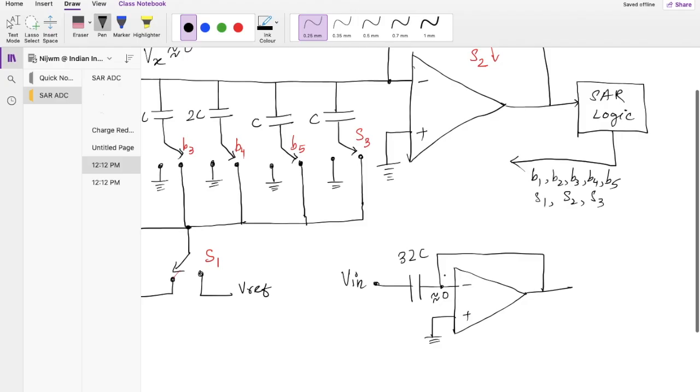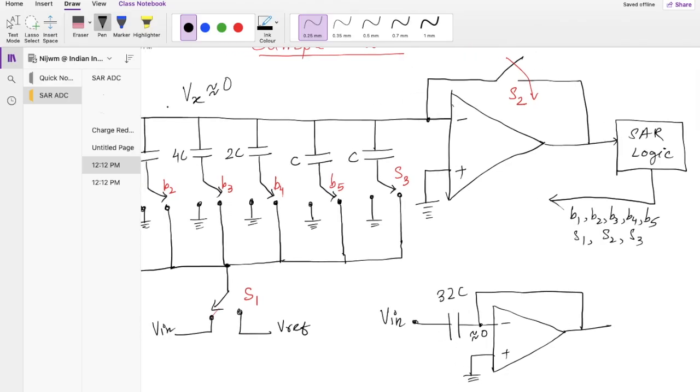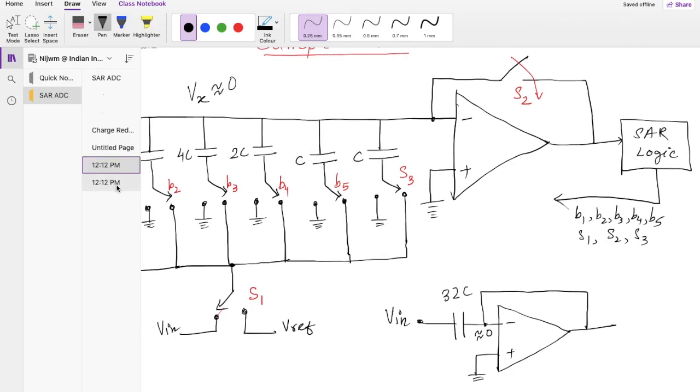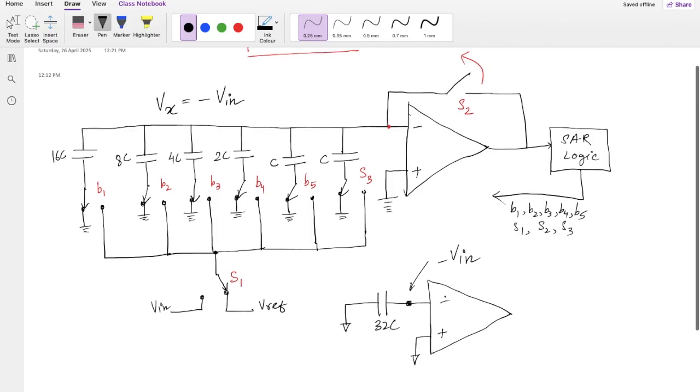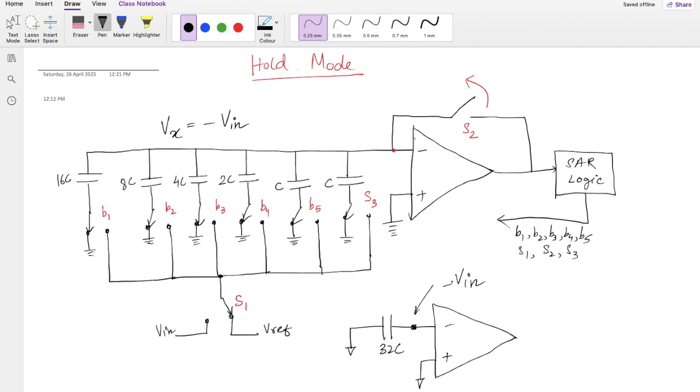That's why the polarity gets reversed, and this Vx goes from 0 to minus Vin. So this is the hold mode. Basically now Vx is holding minus Vin. The next stage after this is the bit cycling stage.